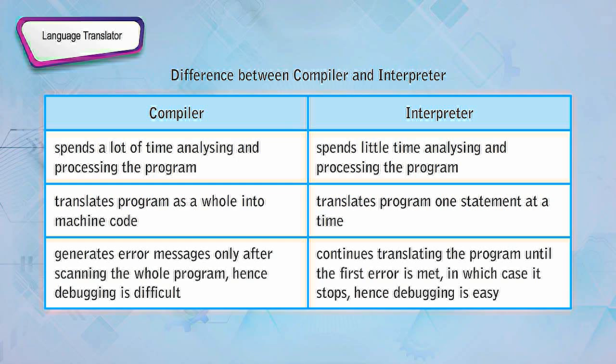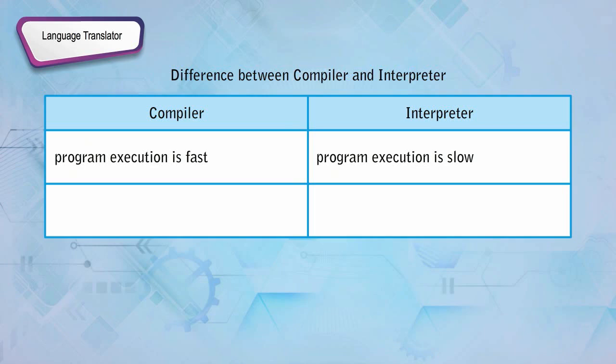Compiler: generates error messages only after scanning the whole program, hence debugging is difficult. Interpreter: continues translating the program until the first error is met, in which case it stops, hence debugging is easy. Compiler: program execution is fast. Interpreter: program execution is slow. Compiler: needs more memory. Interpreter: needs less memory.